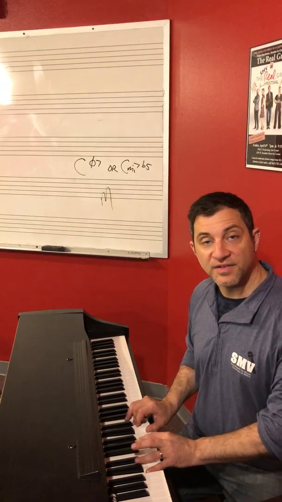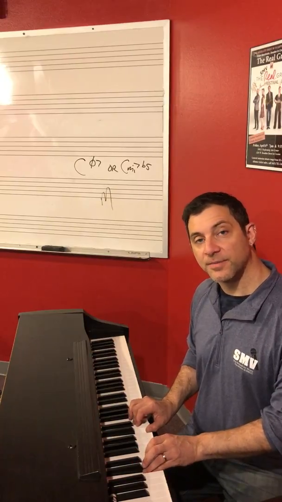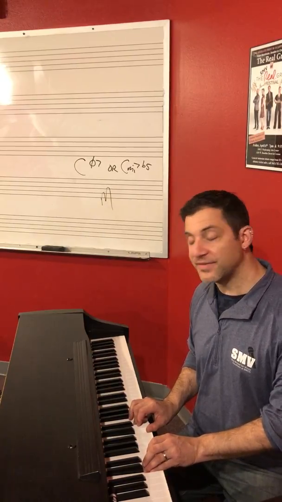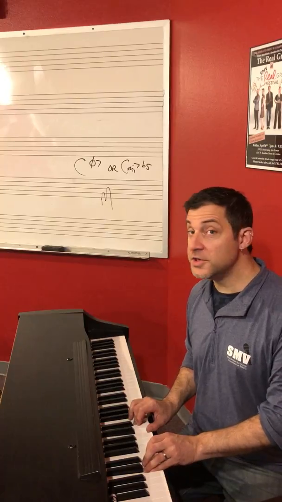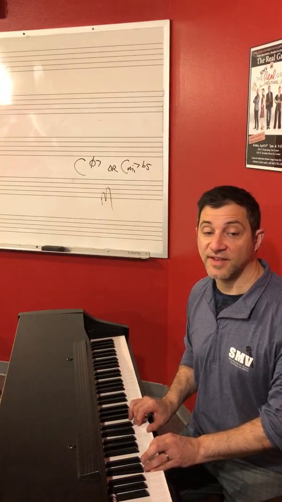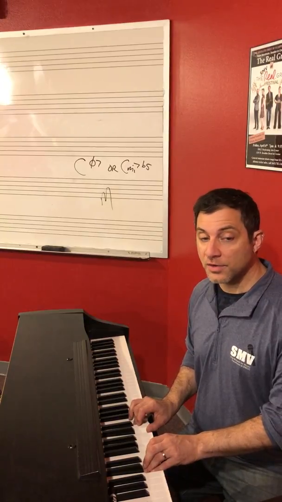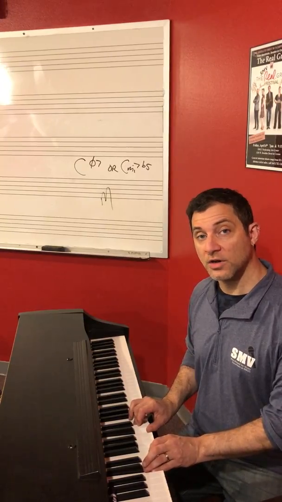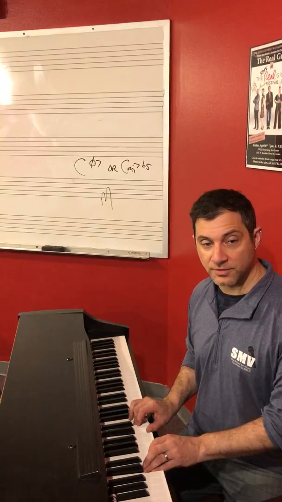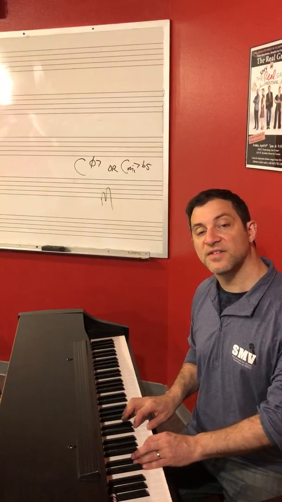All it implies is that the 4th is the substitution for the 3rd, and that there's no 7th. No 7th at all in a C sus 4. Now think about what I said earlier. Because it's a lower number, a C sus 4, there's no 7 in the chord. And the same thing with a C sus 2.